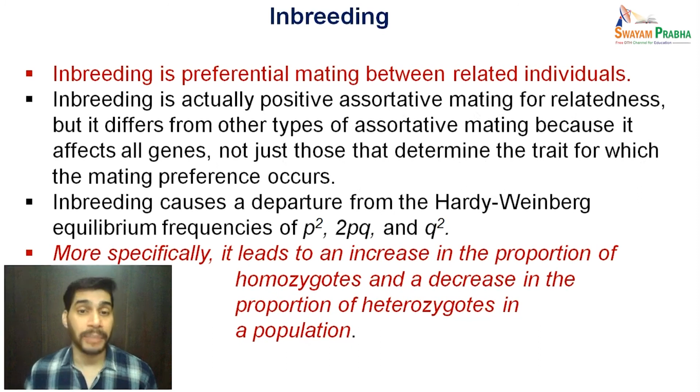Inbreeding causes a departure from Hardy-Weinberg equilibrium frequencies of p square, 2pq and q square. More specifically, it leads to an increase in the proportion of homozygotes and a decrease in the proportion of heterozygotes in the population. That is the overall effect of inbreeding, or breeding between related individuals.